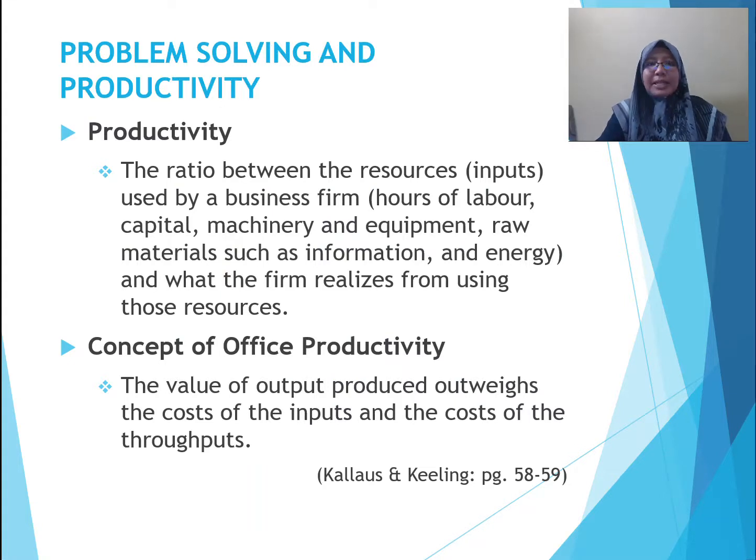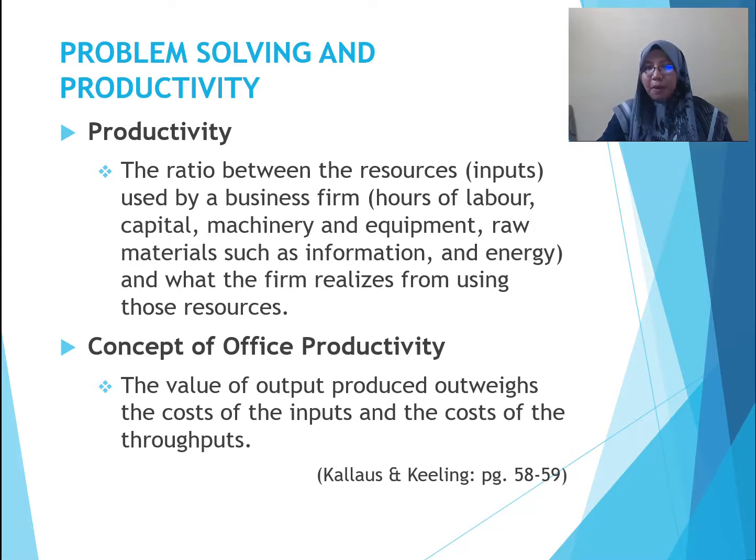Productivity is the ratio between the resources, or in other words inputs, used by a business firm, for example hours of labor, how long you are working every day, 8 hours, 10 hours, the capital, the machinery, equipment, raw materials such as information and energy, and what the firm realized from using those resources. Okay, this is what we call productivity.